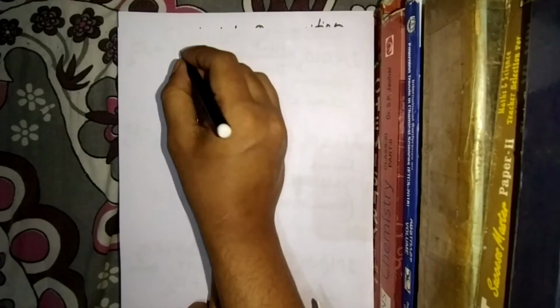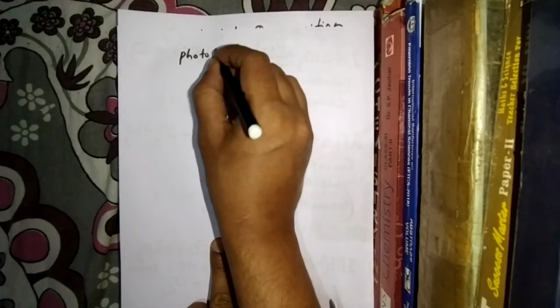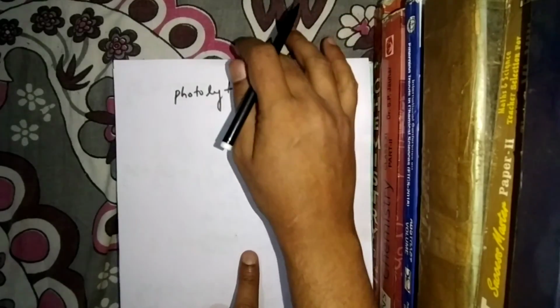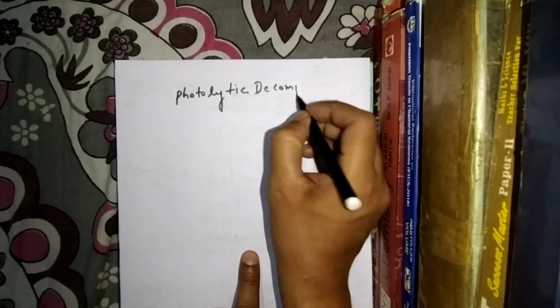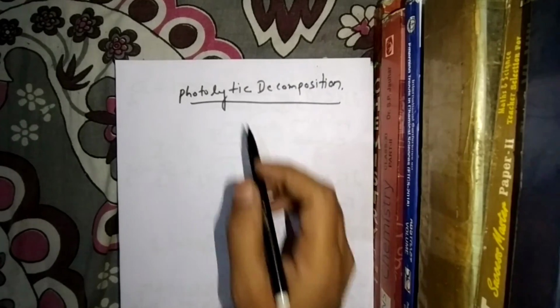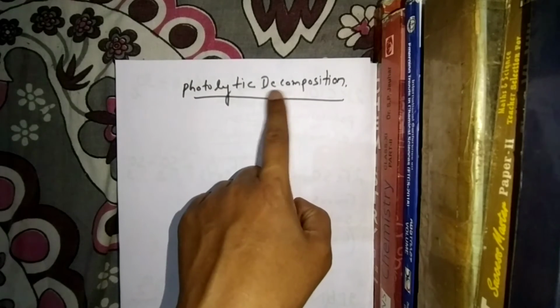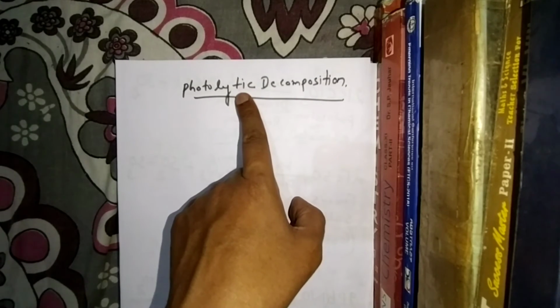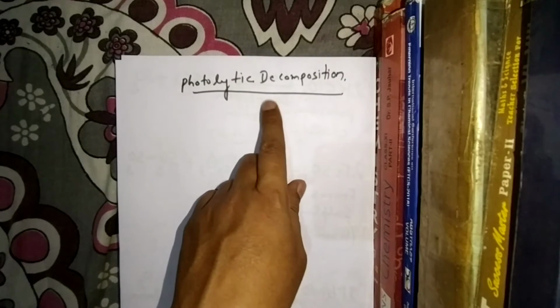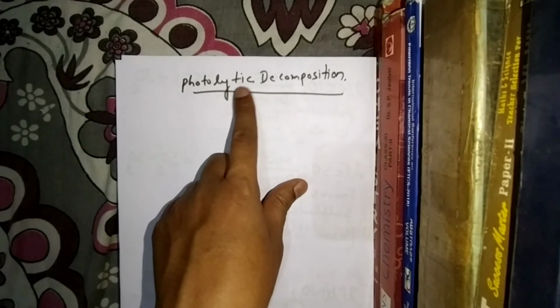Photolytic decomposition. ठीक है. So when a decomposition reaction takes place with the help of light, then this type of decomposition reaction is known as photolytic decomposition reaction.